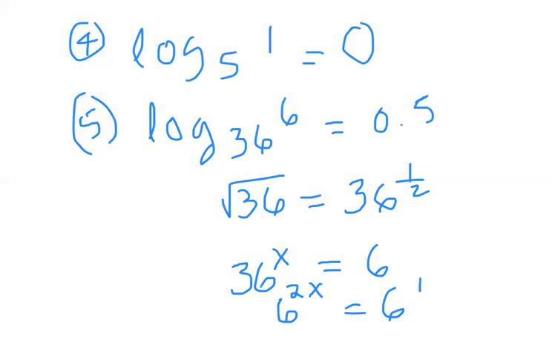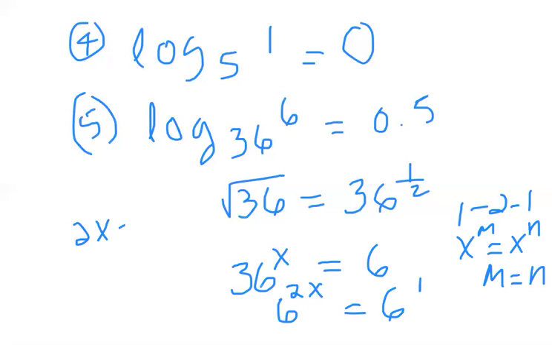Now, since the bases are equivalent, we have this one-to-one property that says if the bases are equal, then the powers are equal. So if x to the m is equal to x to the n, then m equals n. So guys, the bases are equal. That makes the powers equivalent to each other. So you divide both sides by 2 to get x equals 1/2.